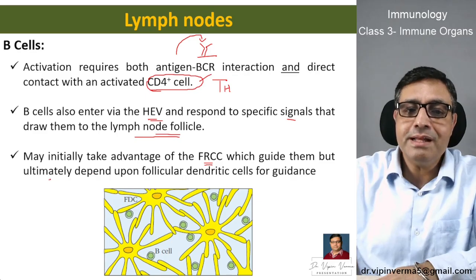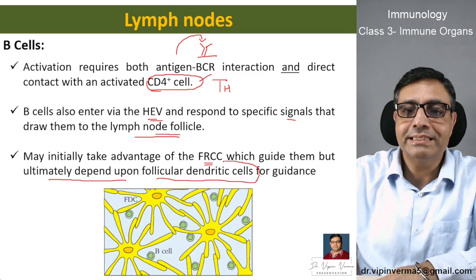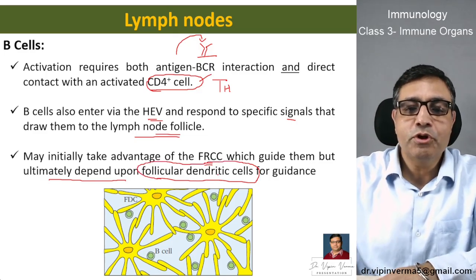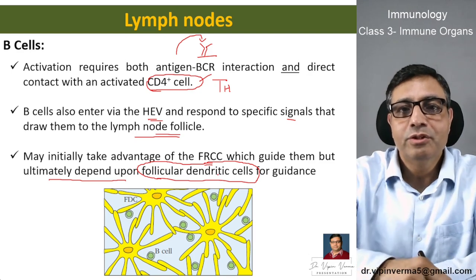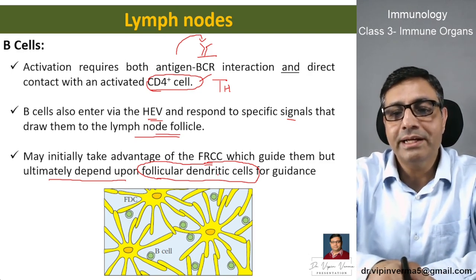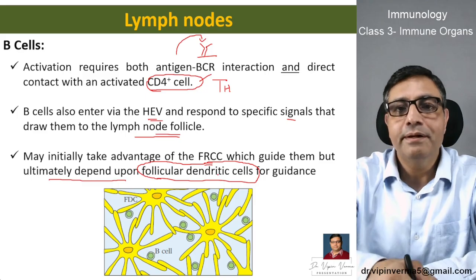But ultimately they depend upon the follicular dendritic cells. Follicular dendritic cells are their mentors, used for the guidance of the B cells.